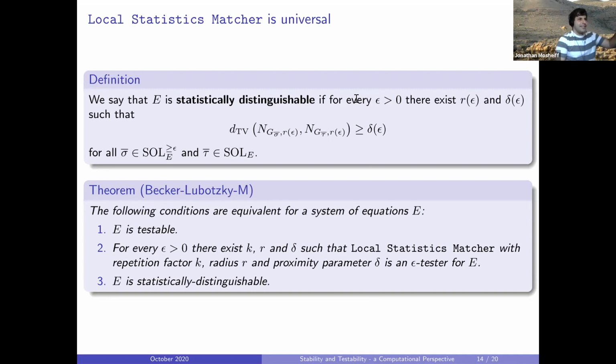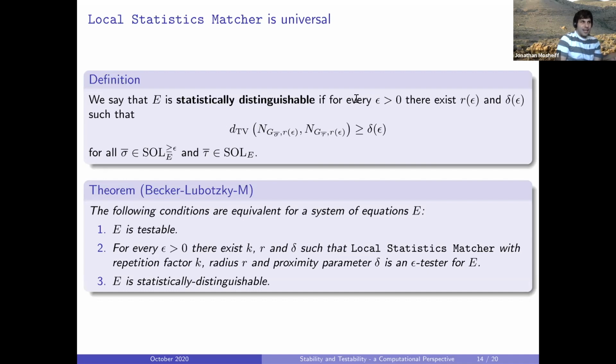Okay, so this is statistical distinguishability, and the result I wanted to state is that testability is equivalent to statistical distinguishability, and this is equivalent to being testable by the local statistics matcher.